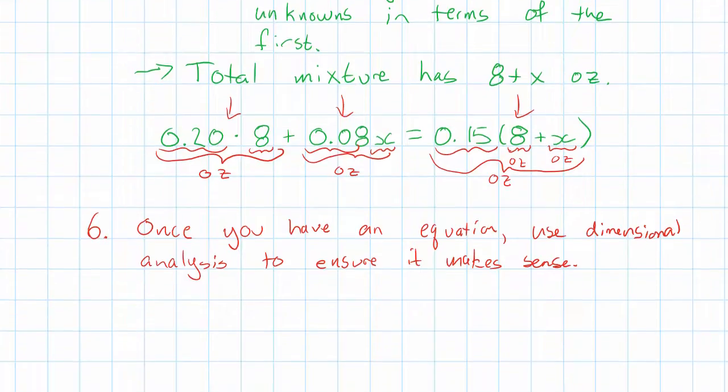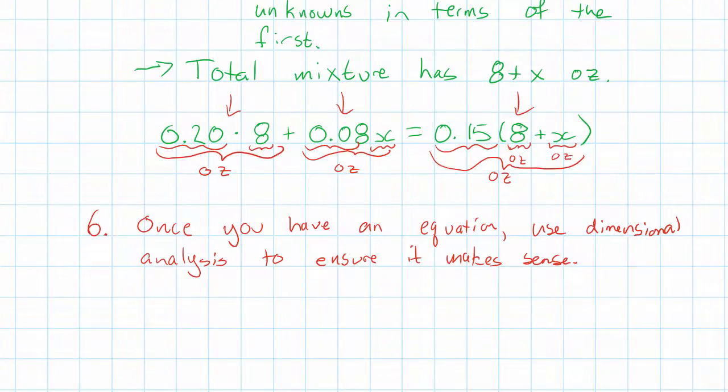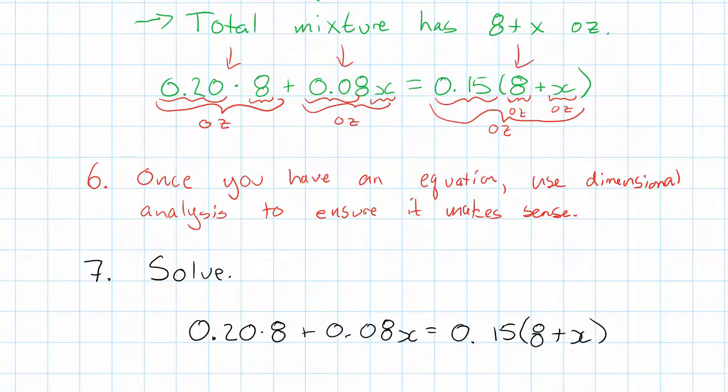And now we just have an equation, right? Now we just do a bunch of algebra. So let's see, what should we do? Well, I'm going to do this arithmetic, certainly. It would have been okay to do that before. We've got 1.6 plus 0.08x equals. Here I'm going to distribute.